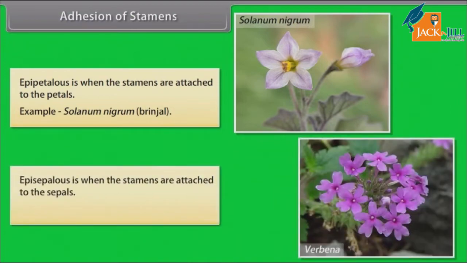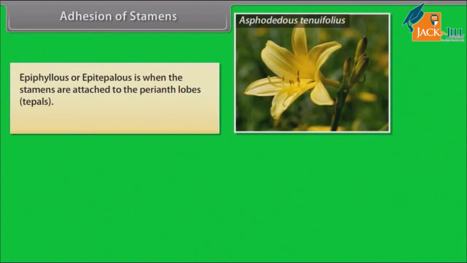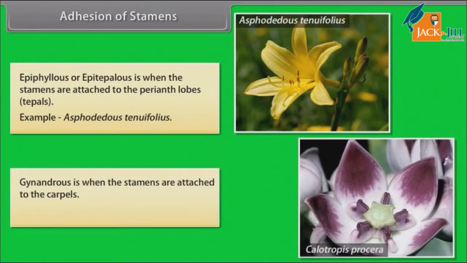Episepalous is when the stamens are attached to the sepals. Example: Verbena. Epiphyllous or epitepalous is when the stamens are attached to the perianth lobes, the tepals. Example: Asphodelus tenuifolius. Gynandrous is when the stamens are attached to the carpels. Example: Calotropis procera.